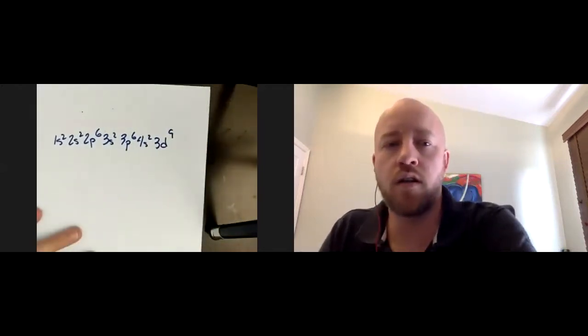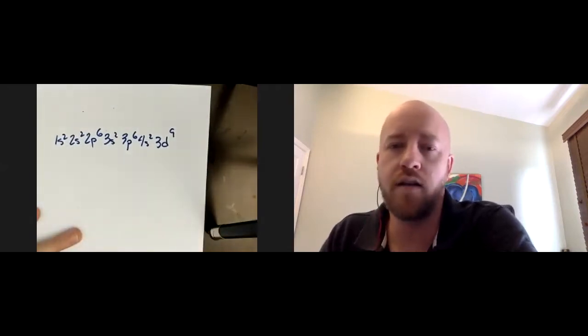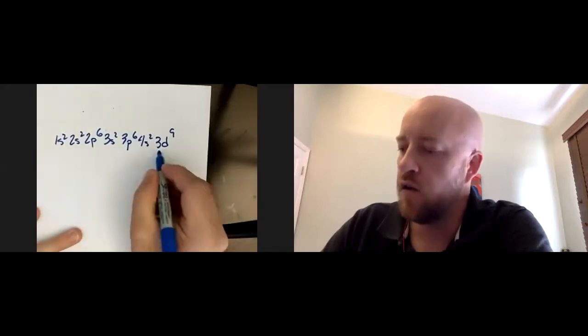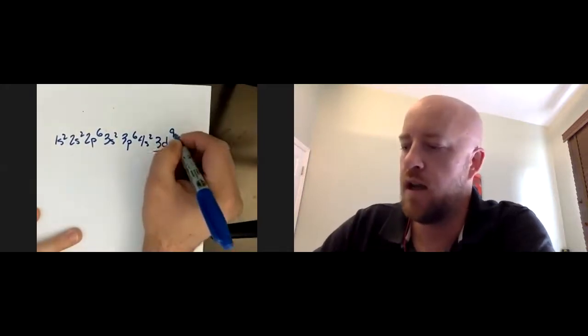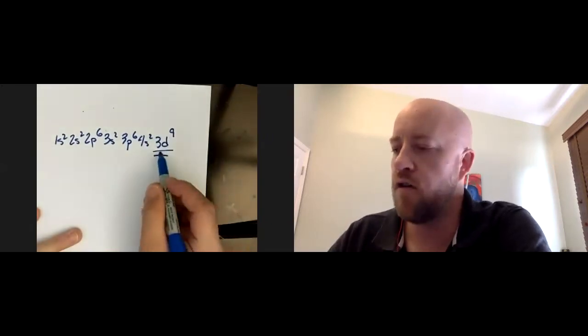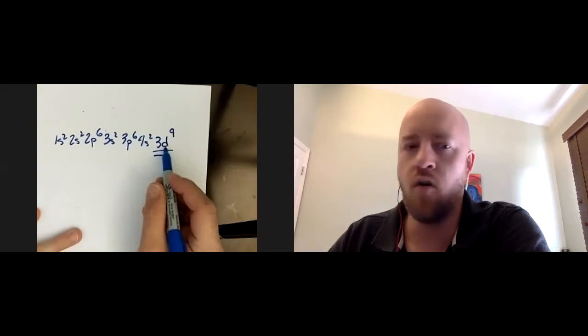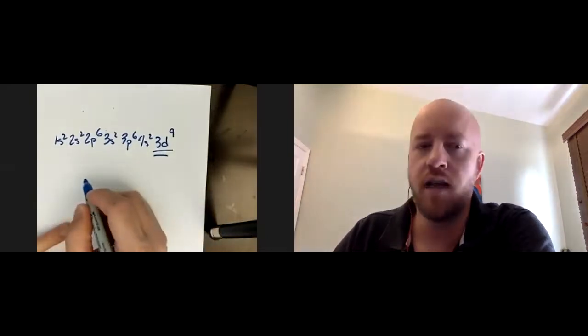Another way to look at these questions would be, given a quantum number, what element is this? So you want to go right to the last one. We're in the 3D9. So we're in the third energy level of the D orbital, which is really the first part of the transition metals. That's your scandium to zinc area.